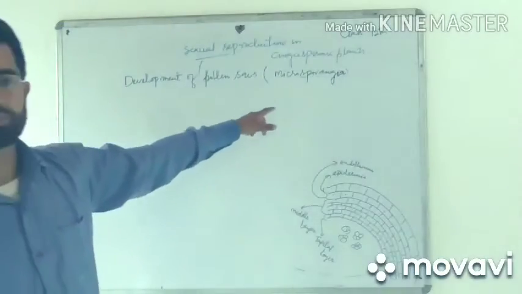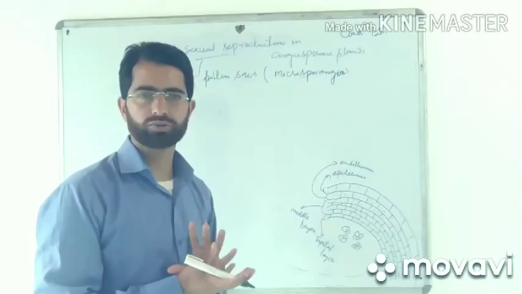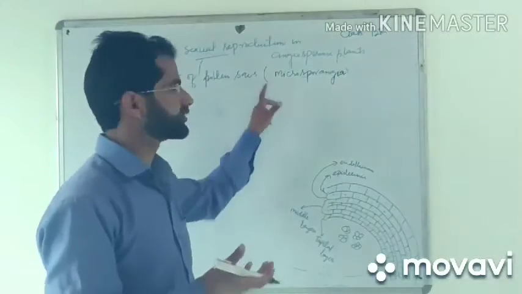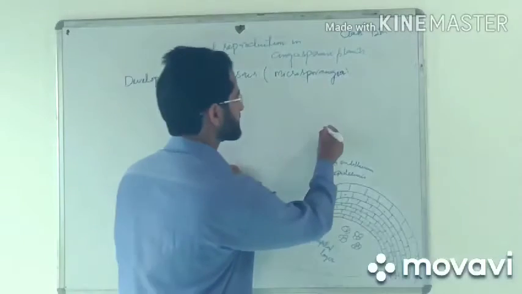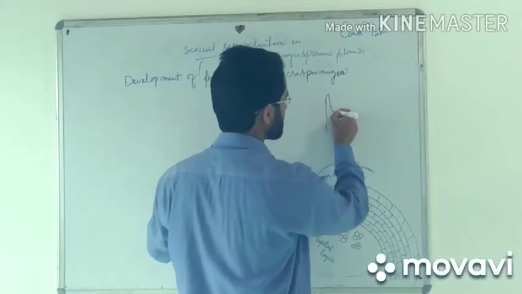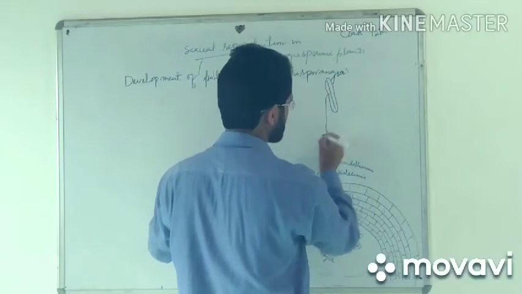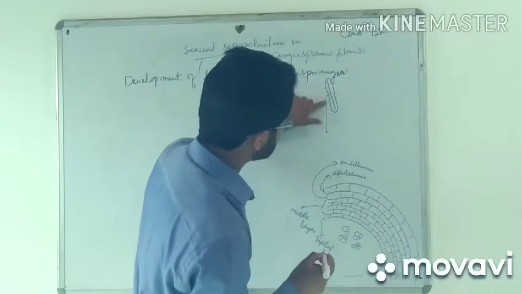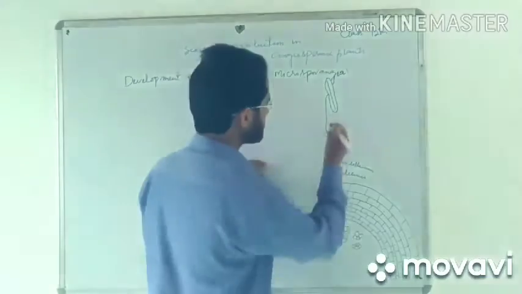Now, development of the pollen sac or male gametophyte, that is, development of microsporangia. Microsporangia are parts of the microsporophyll, that is androecium. This is the stalk part and this lobed bulged terminal part is known as anther.